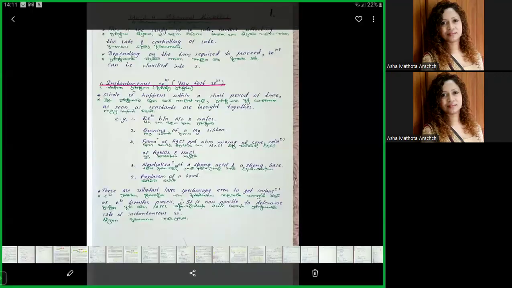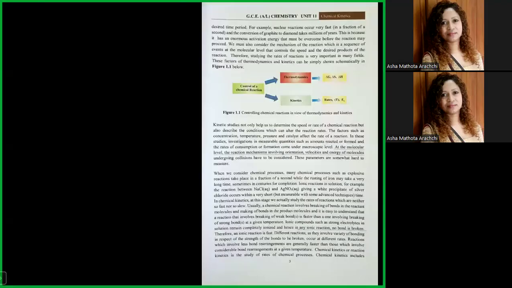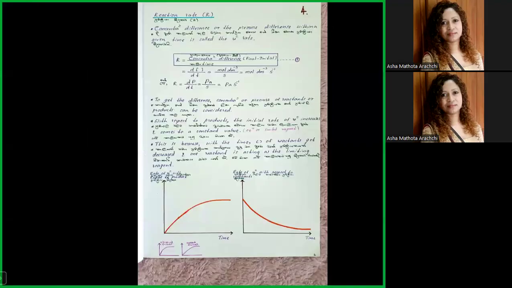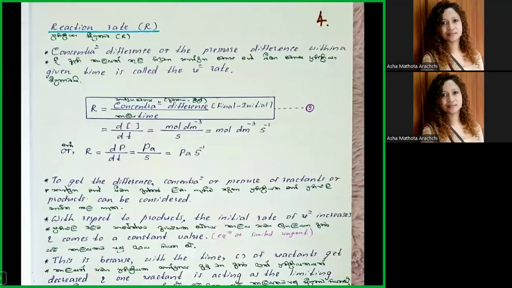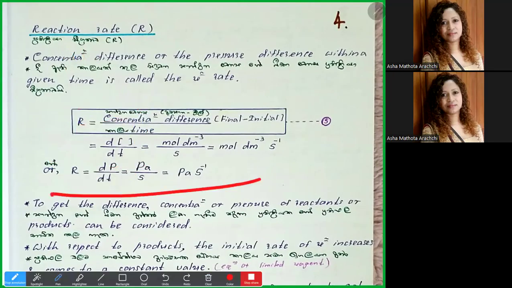So we are going with chemical kinetics: instantaneous reactions, moderate reactions, and slow reactions. That is easy, you can understand it very easily, and we did this at the very beginning. You can use this all the time. If you want to calculate the rate, that is the concentration difference divided by the time difference, or the pressure difference divided by the time difference.